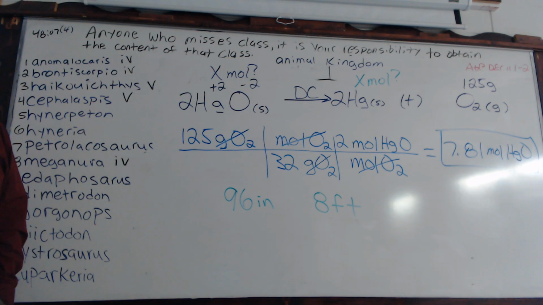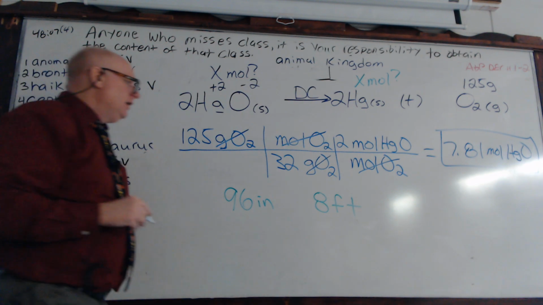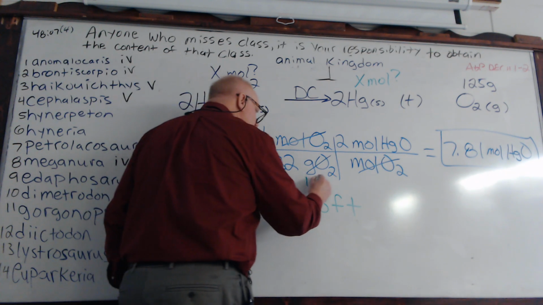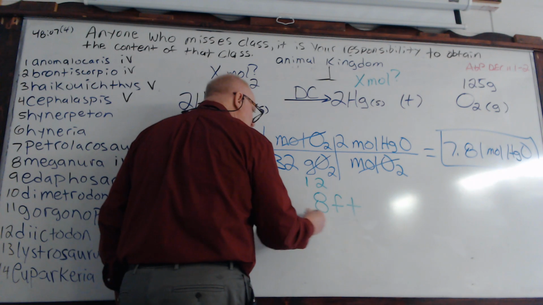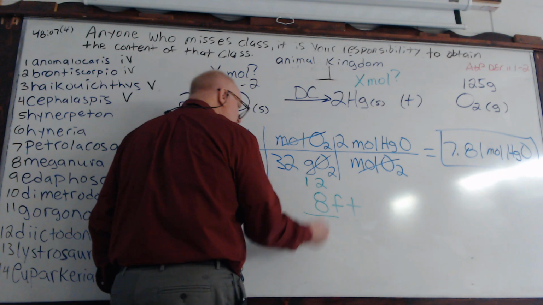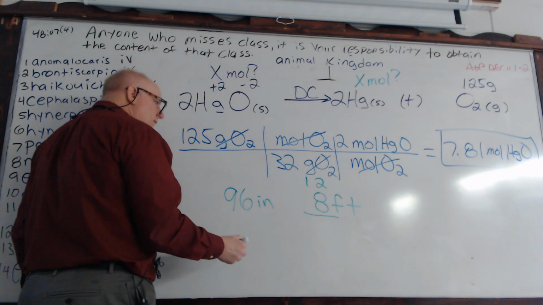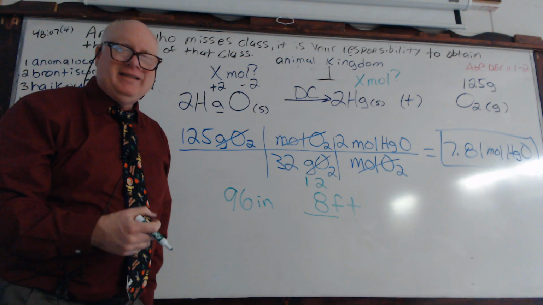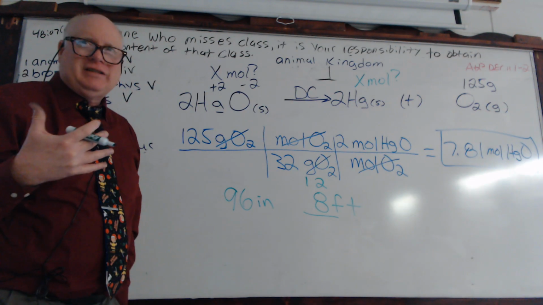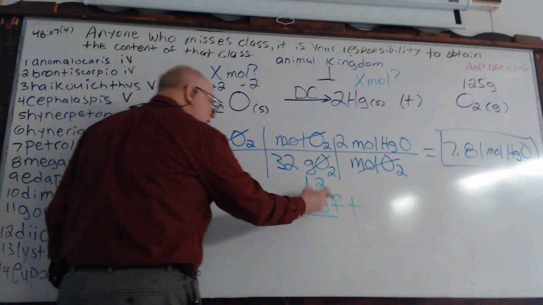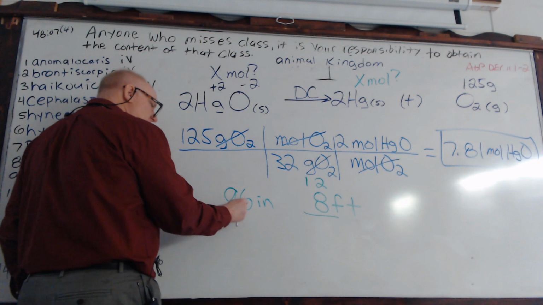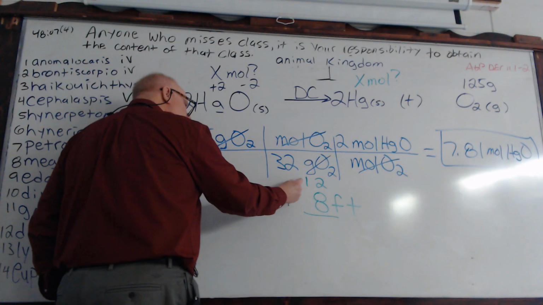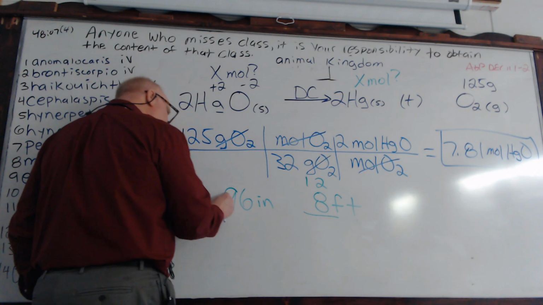So if every 12 inches is a foot, and we take that times 8, 8 times 12 gives you 96 inches.